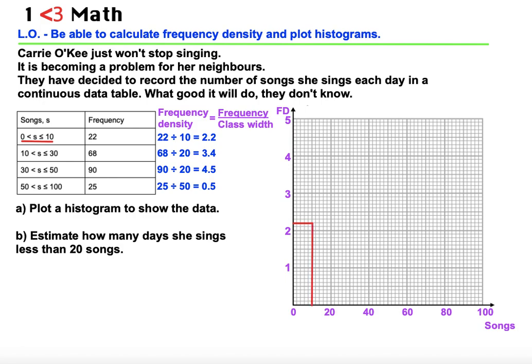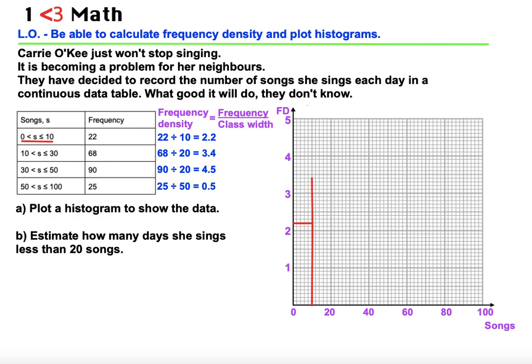So that's our bar representing 2.2, and actually what we can do with the bars is we can multiply how far they go across by the frequency density, and that will tell us how much the frequency is representative of. So in this case, 2.2 times 10 would be 22.